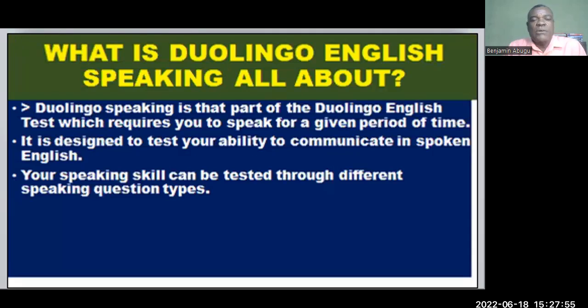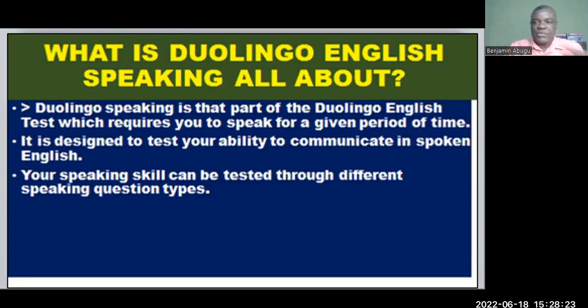Now, Duolingo speaking is that part of the Duolingo English test that requires you to speak for a given period of time. It's about speaking. Of course, you have 4 language skills in the test. 4 language skills that are evaluated: listening, speaking, reading, and writing.